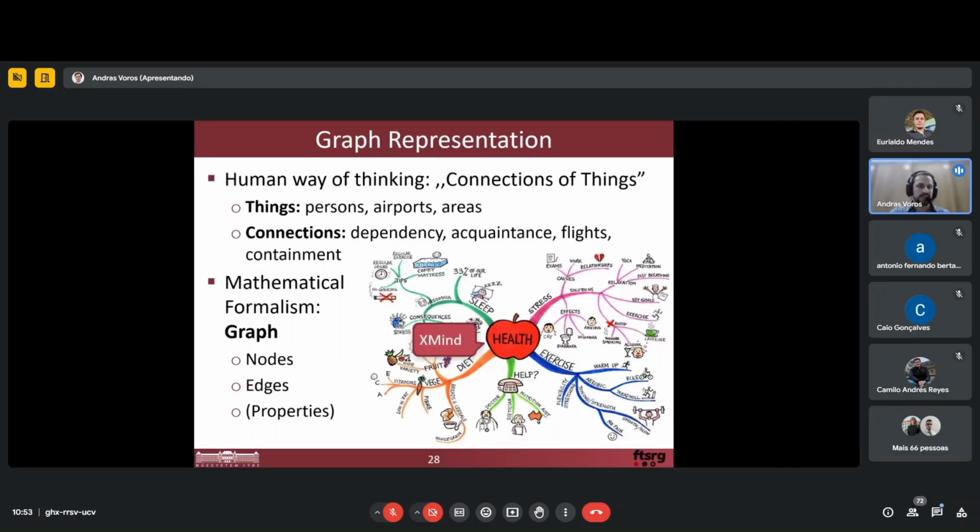This is actually a graph that was drawn in Xmind, a mind mapping tool. So this is when we want to express our thoughts in a computerized way, but that is not what we can really process during the systems engineering process.